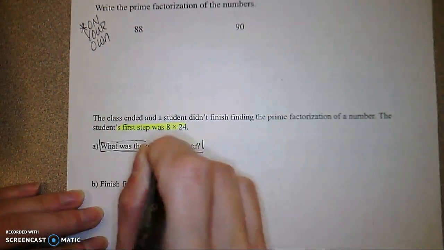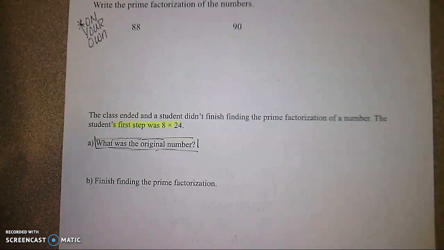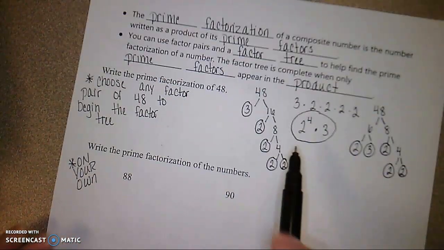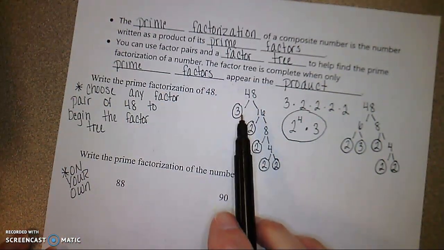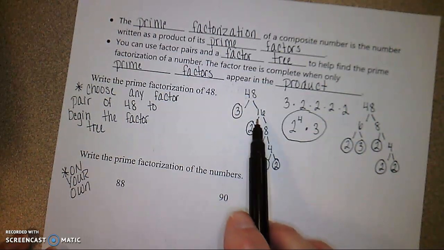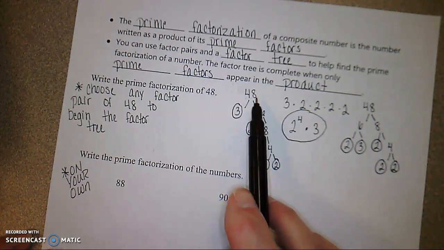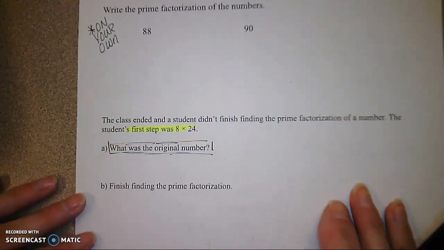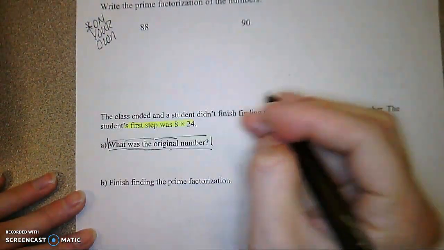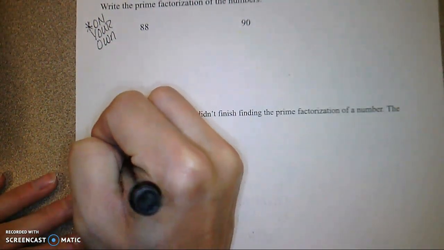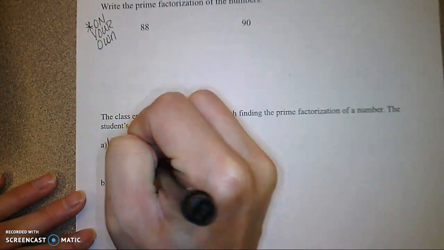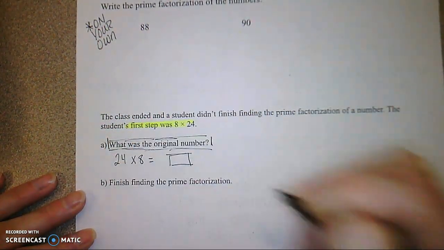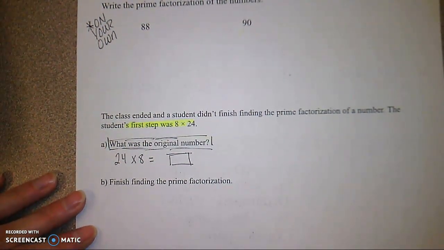Well, if we look at prime factorization, we're always starting with a factor pair, so that those first two numbers, when you multiply them, give you your original number. So to find the original number, the first thing you're going to do is find that product. That will tell you what your original number is.